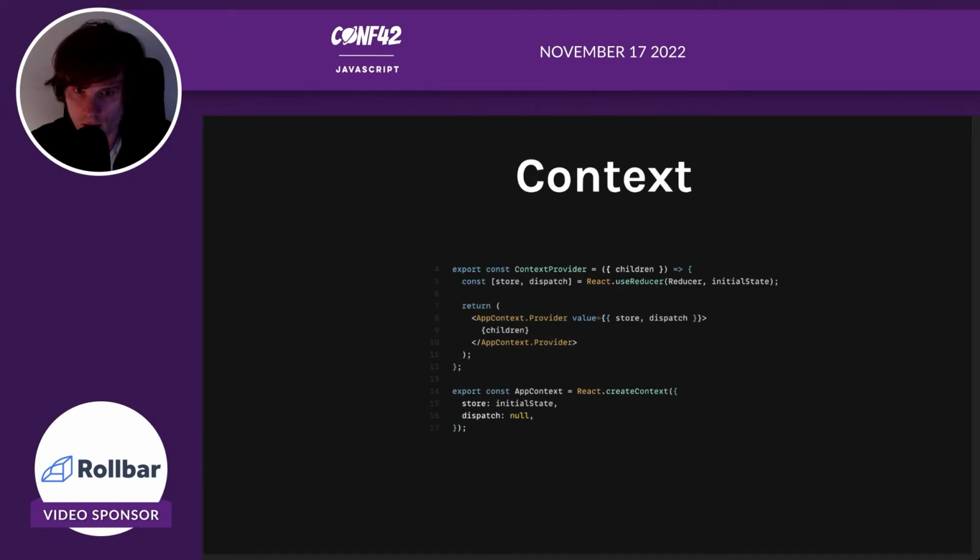I am just getting the child and providing to the child that provider with the store and dispatch for the actions, and I am creating the reducer with the initial state for sure. And across my application, I have access to global state management. Whatever I have to save, I have it there.